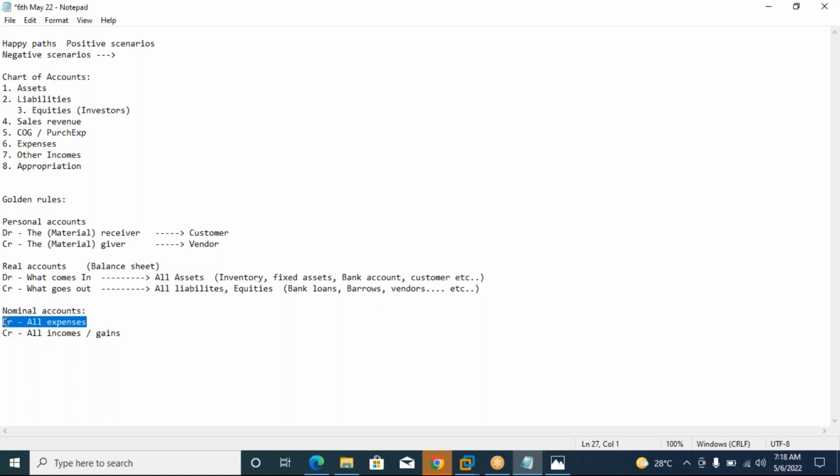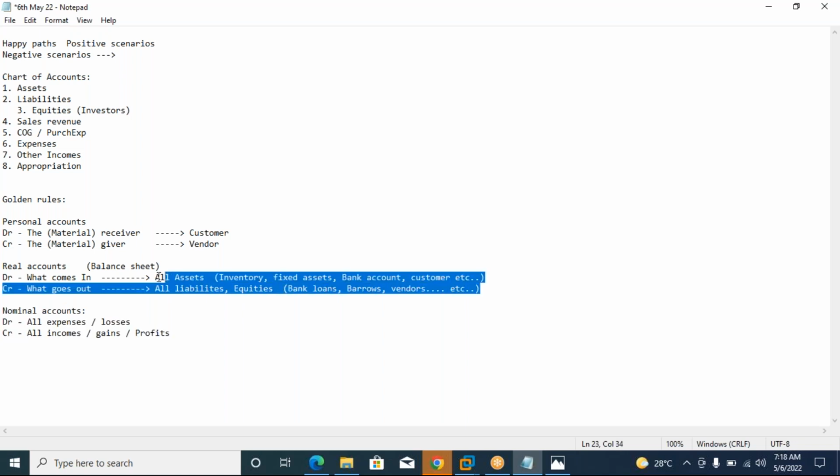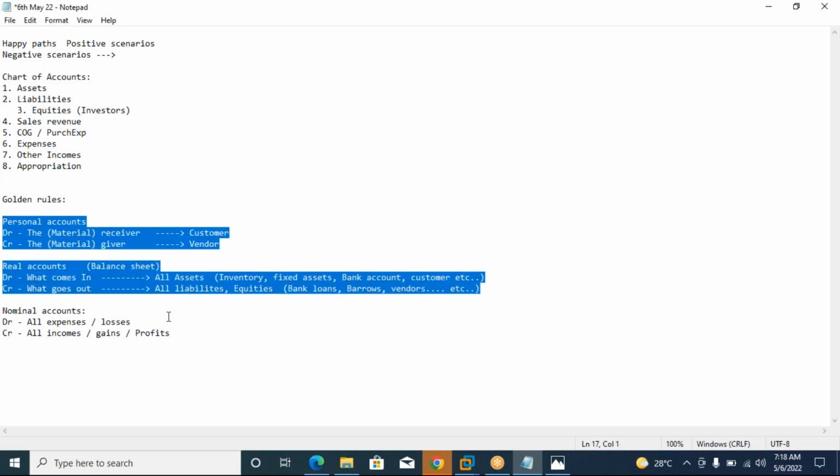Expenses debit means expenses or losses are debit. It is showing quite opposite behavior. Credit is showing gains, incomes, and profits. This is the confusion in every mind, the exact opposite behavior from here to here.